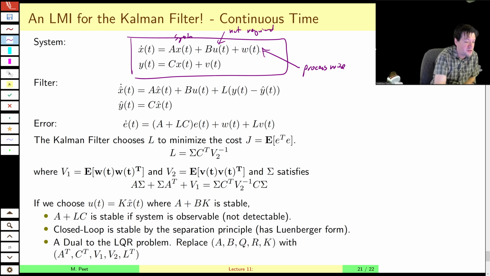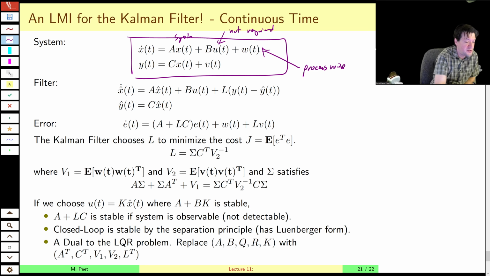We have an output, so measurements, sensed outputs, Y, which are a function of the state, and they're also corrupted by noise. This is sensor noise now. So that's the system we're observing.